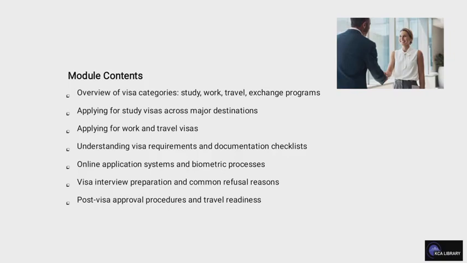We will also look into applying for work and travel visas, and understanding visa requirements and documentation checklist. We'll also look at the online application system and biometrics processes. We look at visa interview preparation and common refusal reasons, and we'll look at post-visa approval procedure and travel readiness.